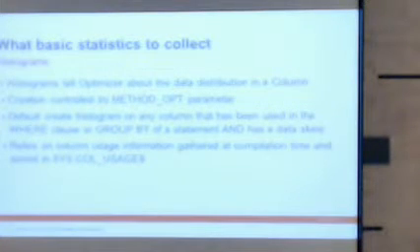Whenever you use a column in a where clause, and that column has skewed information, some of its values point to lots of rows, some of its values point to very few rows, the optimizer would like to be aware of that, would like to know those numbers. So you use this default method. As you run queries, you track the columns you use in the where clause. When you gather stats, we look at the columns you use in the where clause, and then we sample the information in those columns.